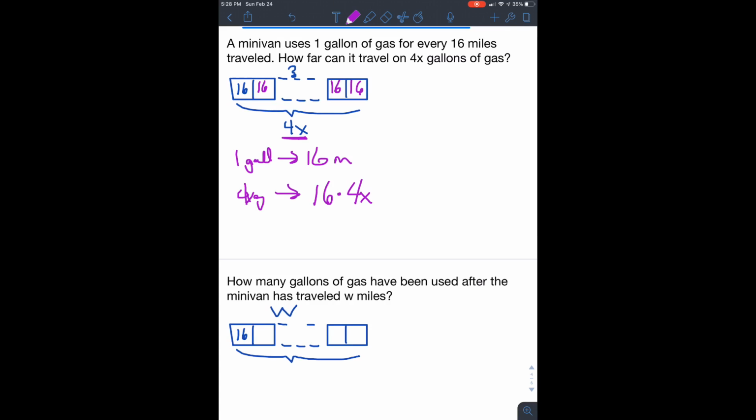And so we multiply that. 6 times 4 is 24. 4 times 1 is 4, plus 2 is 6. So 64x miles. So 4x gallons is going to get us 64x miles. Let's look at the second part here.